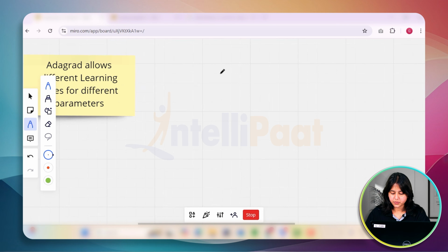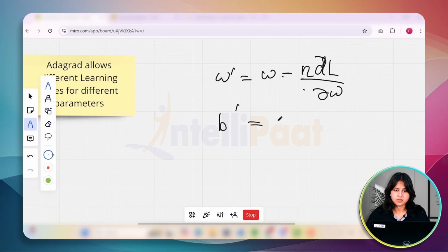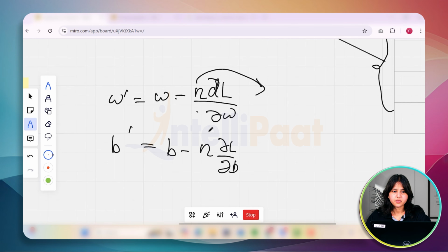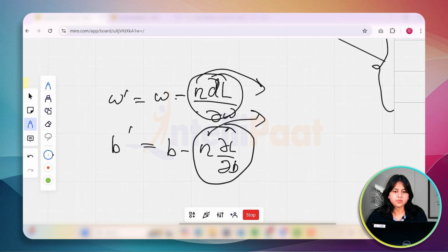Till now our learning rate was the same for all our parameters, but AdaGrad, let's see the working for AdaGrad. So basically our weights would be updated like this. The formula remains the same, and so will the bias be updated like this. But the learning rate here and over here. What our target over here is to have a small update.